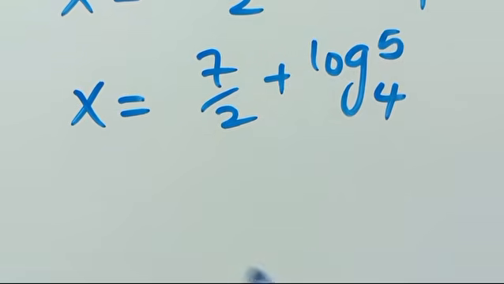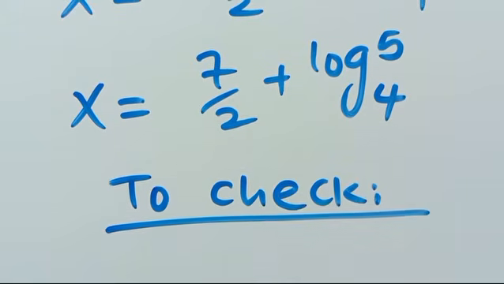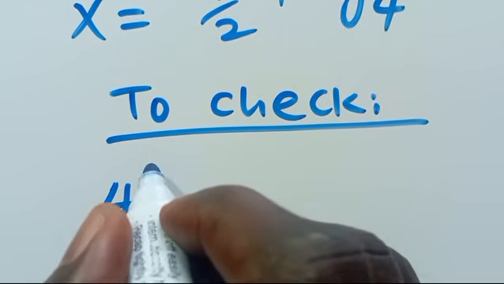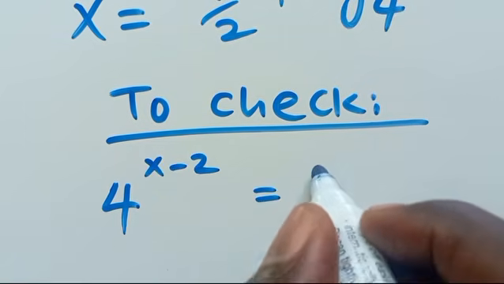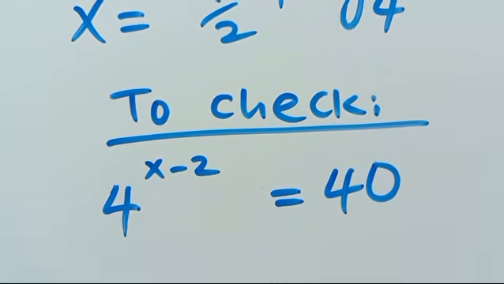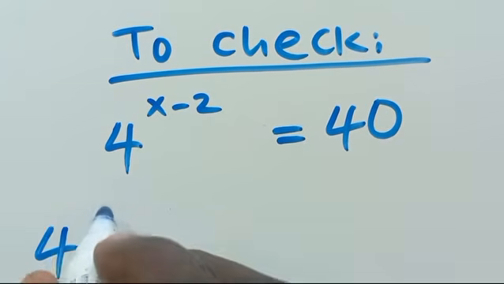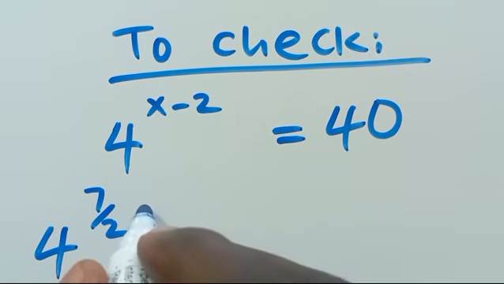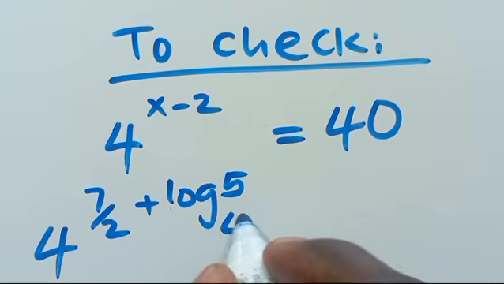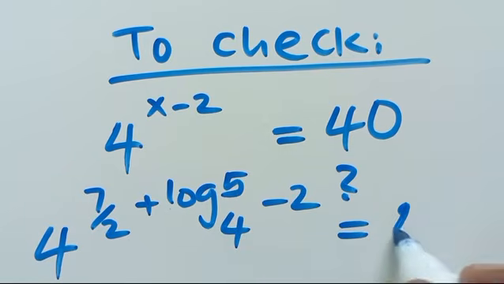So let us check. We have 4 to the power of x minus 2 equals 40. So from here we are going to have 4 to the power of 7 over 2 plus log 5 in base 4, minus 2. Then this is going to give us 40.